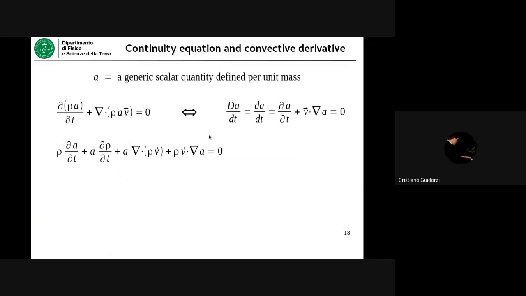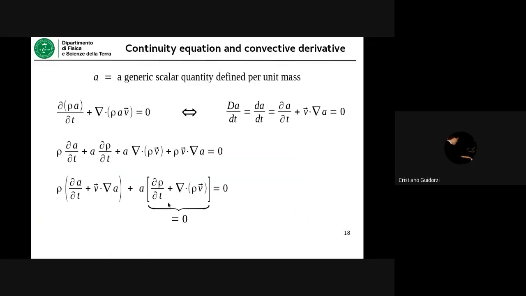Again, a vector calculus identity. But now you can collect what multiplies rho: rho times the time derivative of A, and here you have rho v scalar gradient of A, so I just collect it here. And then the second and the third term, you can collect A. But if you pay attention, what lies among the square brackets is conservation of mass.